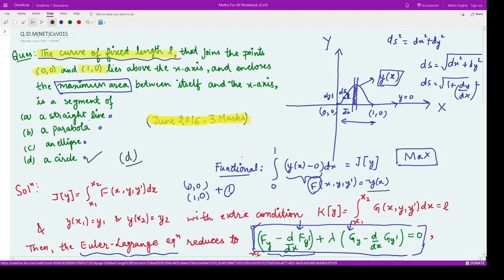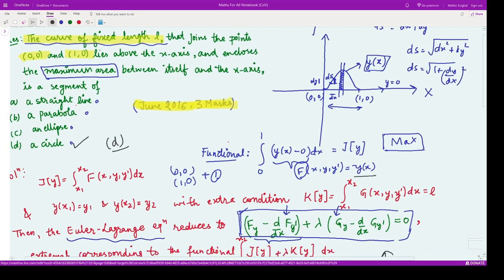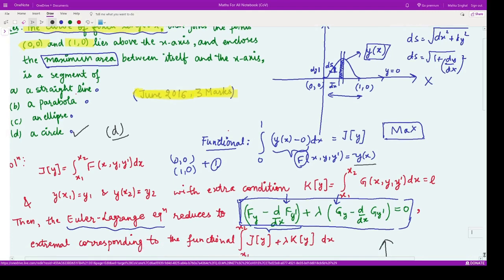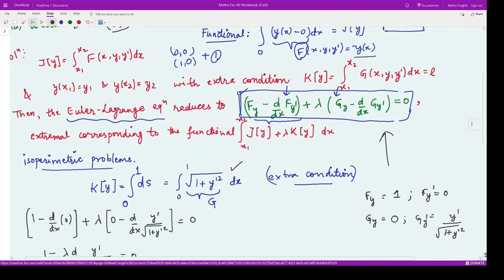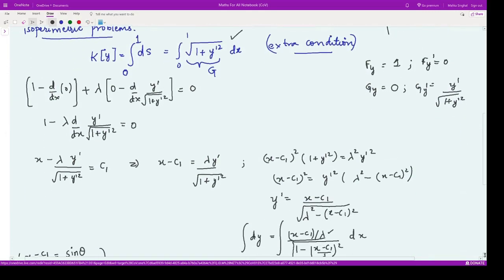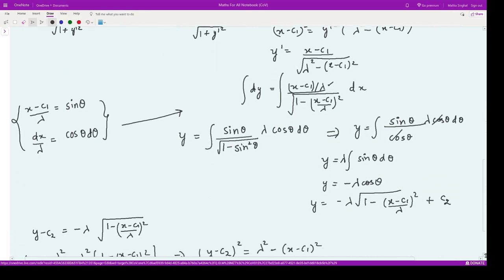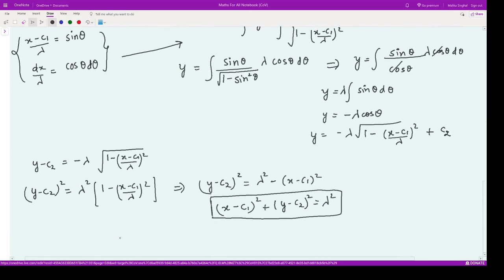But in this we have three constants. So let us evaluate these constants. In the question we are given three conditions. First is that the extremal passes through the point (0, 0), that is y of 0 is equal to 0. So using this, in this extremal we have c1 square plus c2 square is equal to lambda square.